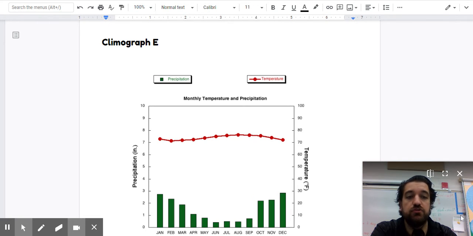Please make sure that you're looking at the proper climograph when it comes time to answer the questions. If you're answering question number 2, but you're looking at climograph E, then the question might not necessarily make sense to you. So just make sure you're looking at the right one.